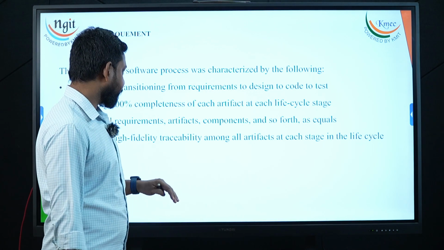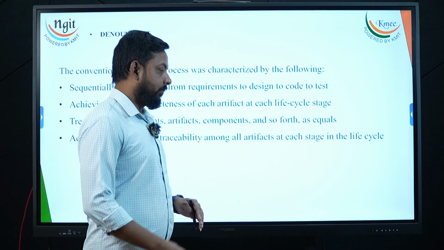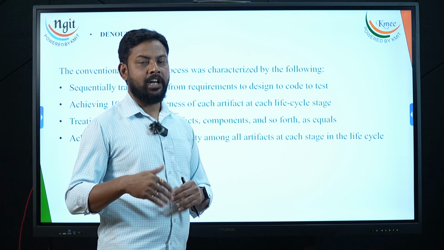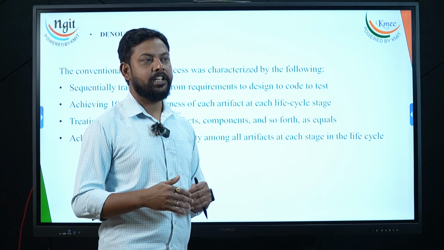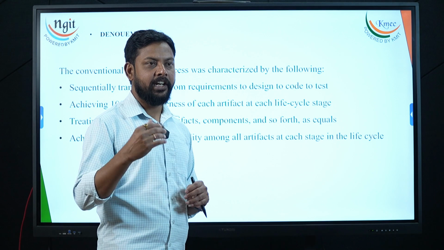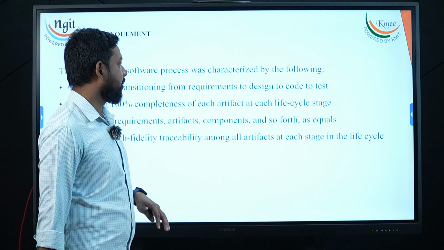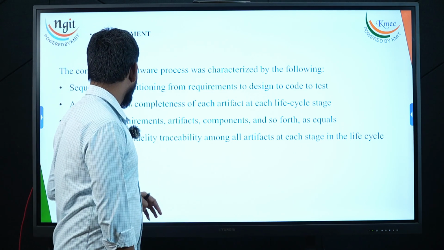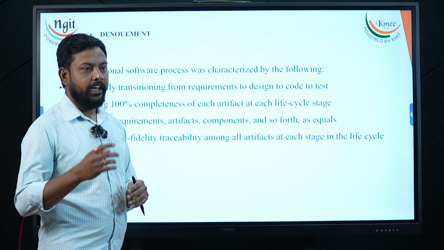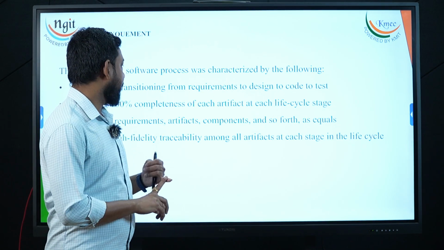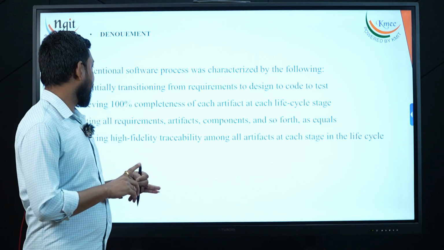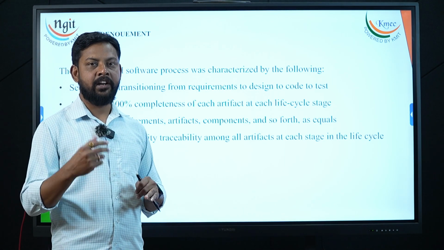And next, your conventional model will majorly focus on achieving 100% accuracy at each and every artifact level in your project development throughout your life cycle process. And it is going to treat each and every artifact, each and every component, and each and every requirement of your project as equal and very important.